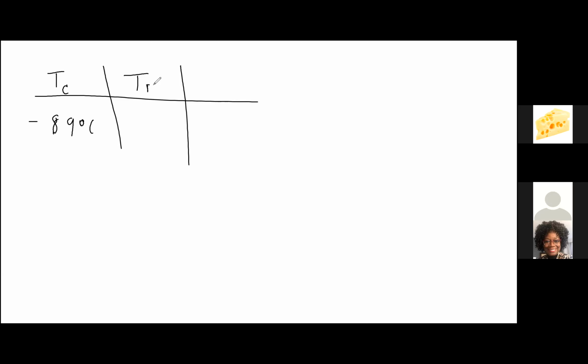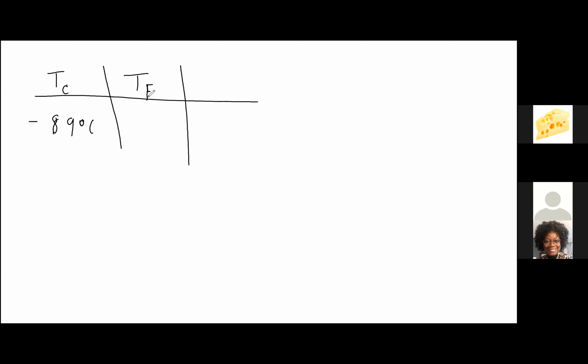All right. So the example I have is this one, very easy. In 1983, a temperature of -89 degrees Celsius was measured at a Russian station. So this was my what? Temperature Celsius. And I want to know, what is that temperature on the Fahrenheit scale?